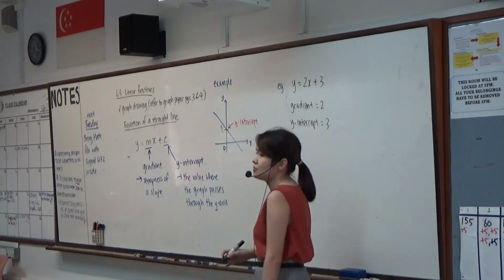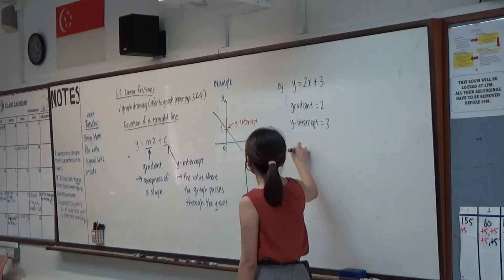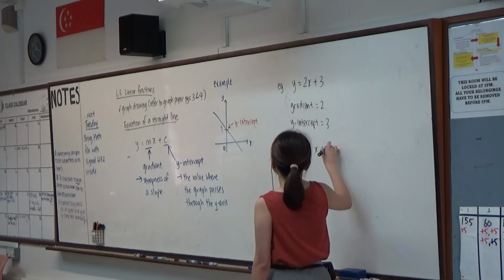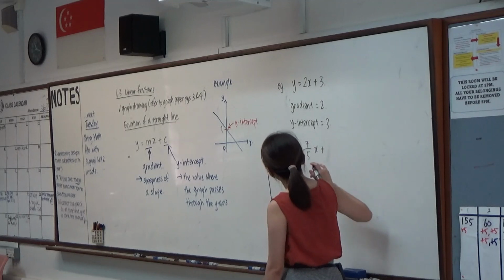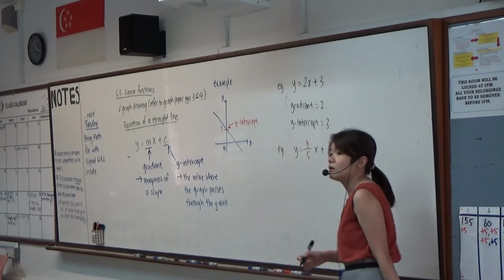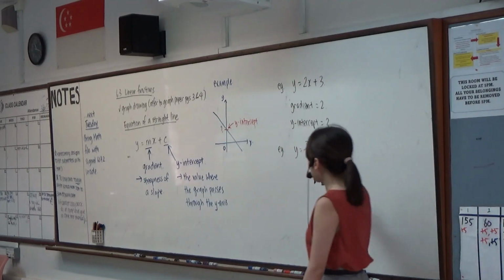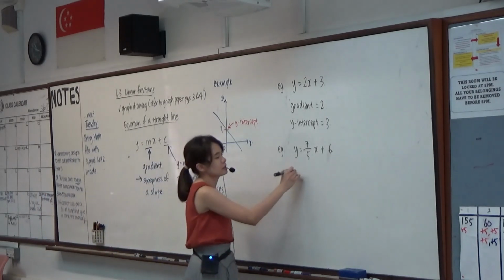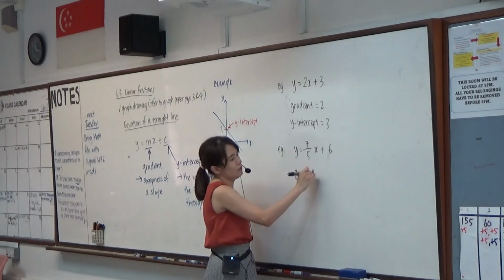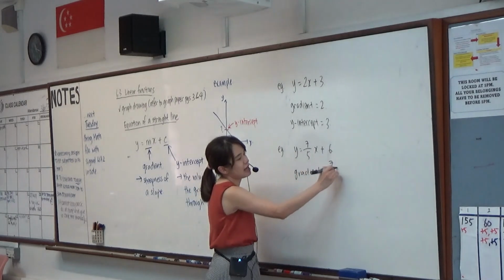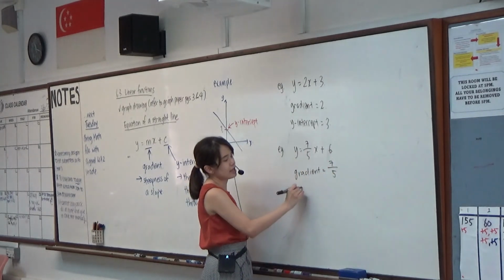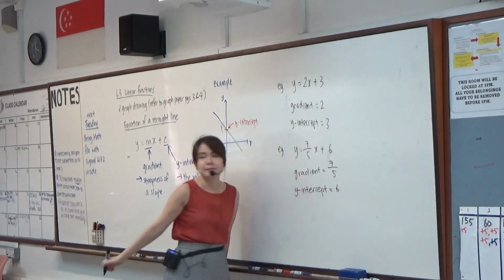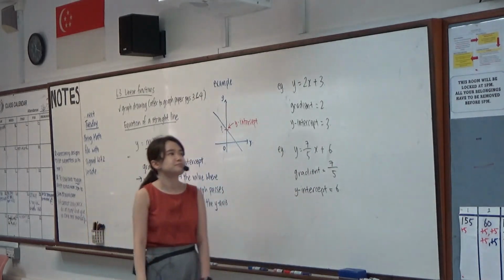Another example, if I have y equals 7 over 5x plus 6. Okay? If I compare this with the format that we know, gradient will be 7 over 5 and y-intercept will be 6. Okay?